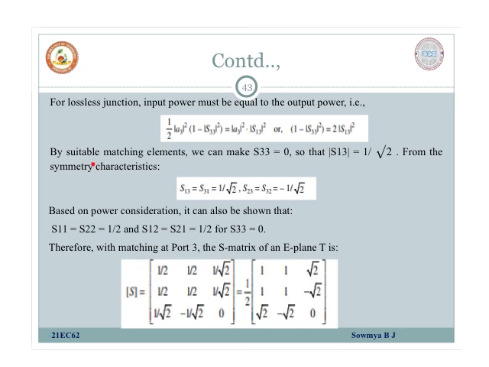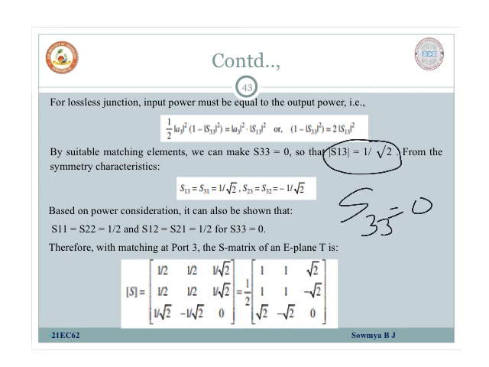Now, if we use suitable matching elements, whenever there is an input at port 3, the output can again be 0. It means there is no reflection. Whenever there is no reflection, we say that S33 is equal to 0. If I substitute S33 as 0, I will get mod of S13 as equal to 1 by root 2.